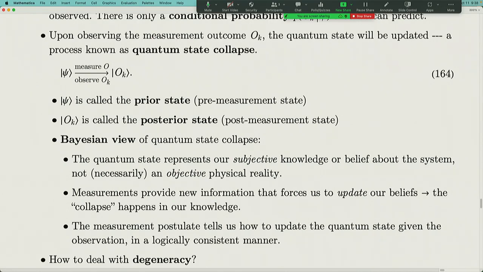For example, if you toss a coin, which can either be up or down, right? You can do this experiment 100 times and collect the statistics. Maybe 49 is up and 51 is down, right? Then in terms of frequency, the frequency of being up is 49 over 100, and the other one is 51 over 100.